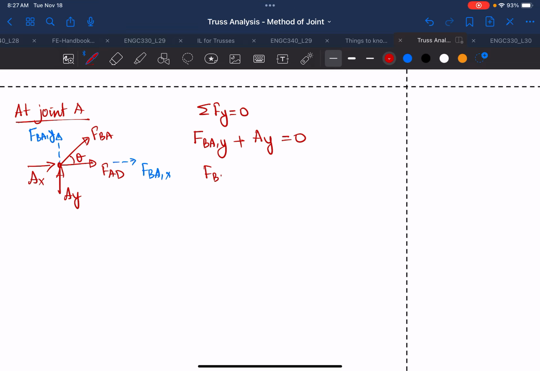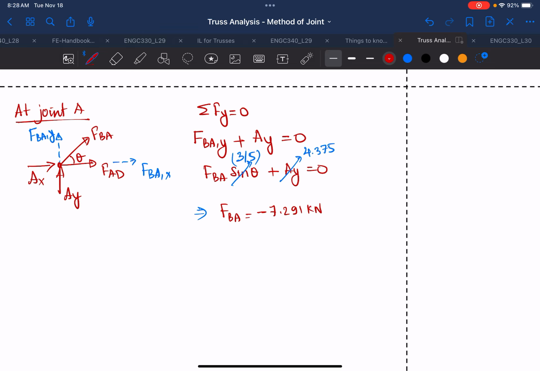So FBA sine theta plus AY equal to 0, and we know that AY is 4.375. So from here we also know that sine theta is 3/5. So from there we can find FBA is equal to minus 7.291 kilonewton.